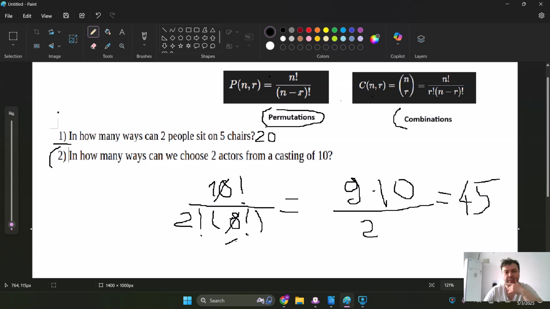If it was permutation, it would be more, because the cancellation would be smaller. We would cancel it only by 2 factorial, but here we cancel out by 8 factorial, because we have an additional term in the formula.